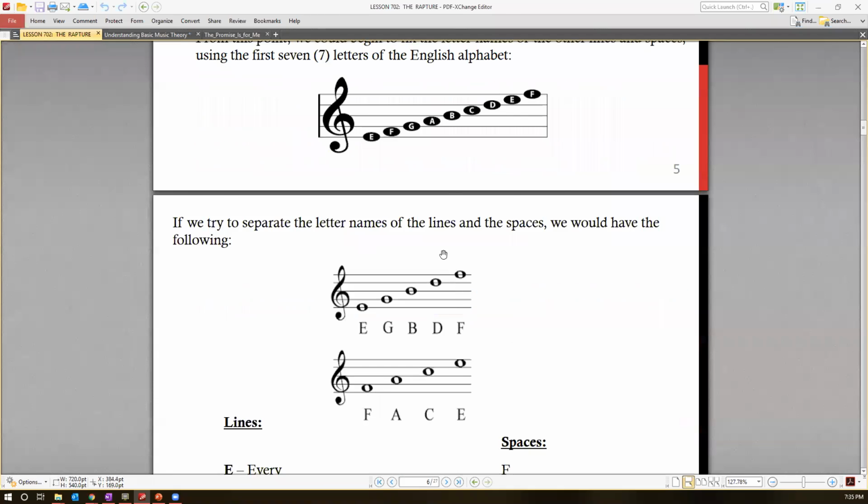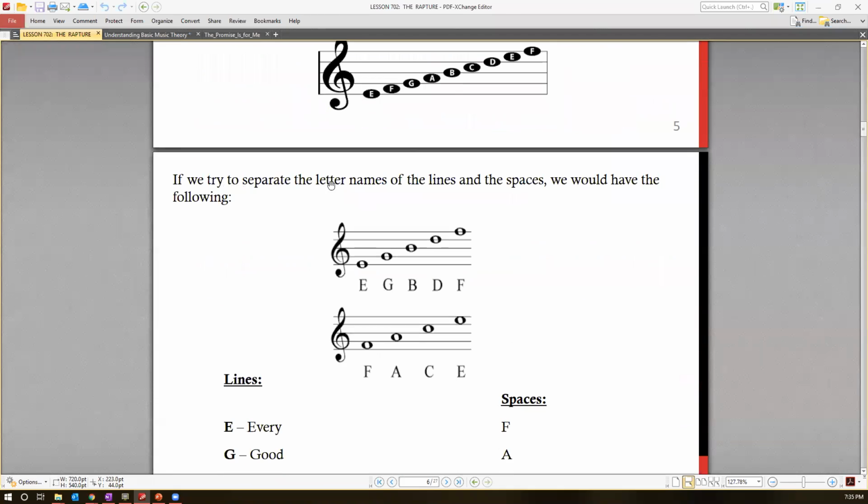Now, if we try to separate the letter names of the lines and spaces, we would have the following.